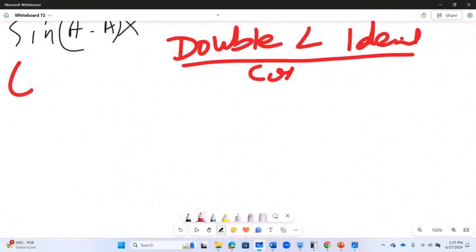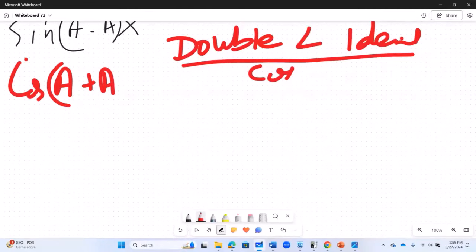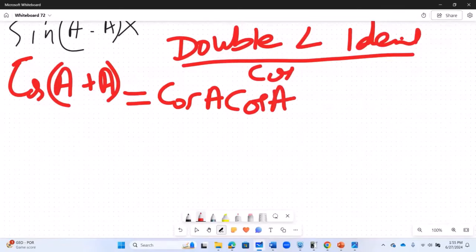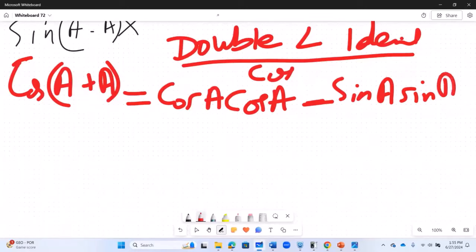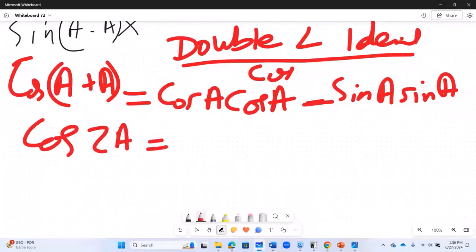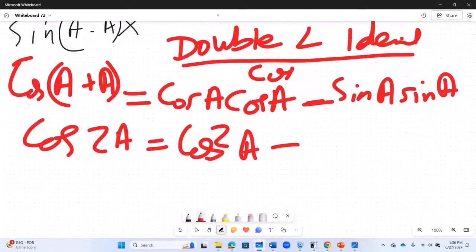So now cosine A plus A, or I can say cos 2A, is equal to, remember, I start with cos A cos A minus, because it is cosine, when it is plus, it becomes minus here, sine A sine A. So you can rewrite, you can say that cos 2A is actually cos squared A minus sine squared A. I can do that.